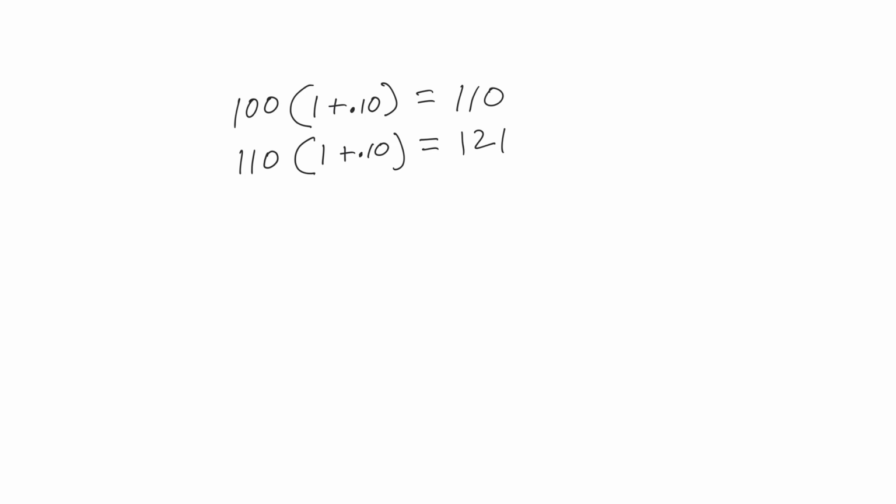Okay, now take a look at this. Notice we have 110 here, and we have 110 here. And 110 is equal to this right here. So what we can do is we can take all this and substitute it for this, right?